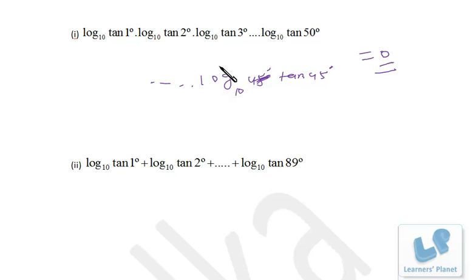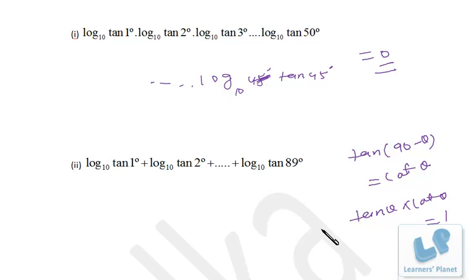So this is a very simple one. Here in this case, in the basic sessions of trigonometry, I have told you tan of 90 minus theta is cot theta, right? And tan theta into cot theta is 1, right? Same property we are going to use over here. Now this is log of tan 1. So all the terms are added. So precisely it is tan 1 degree into tan 2 degree till tan 89 degree, right?